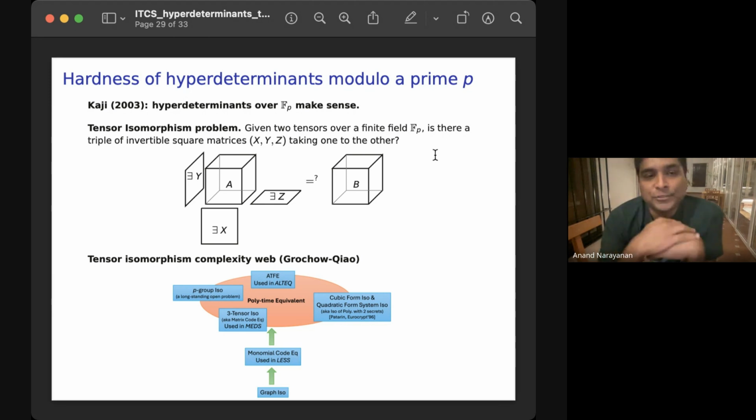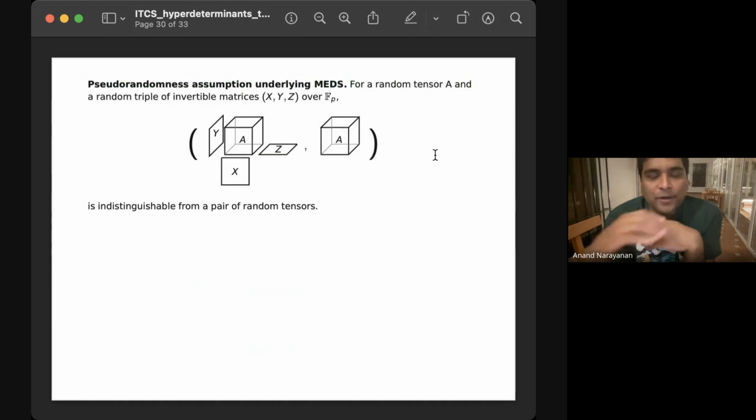So it would be nice to try to derive hardness of hyperdeterminants from the tensor isomorphism problem. We don't quite know how to do that, but instead we will derive hardness from a pseudo-random assumption that underlies one of these cryptographic systems. So instead of a purely complexity theoretic assumption, this is an average case cryptographic assumption.